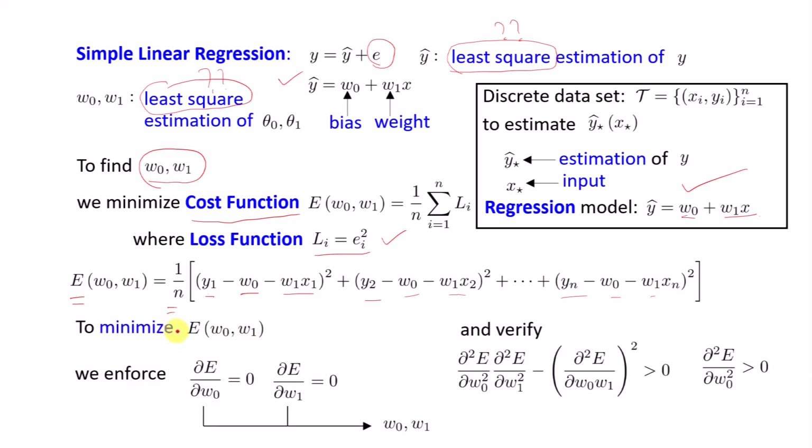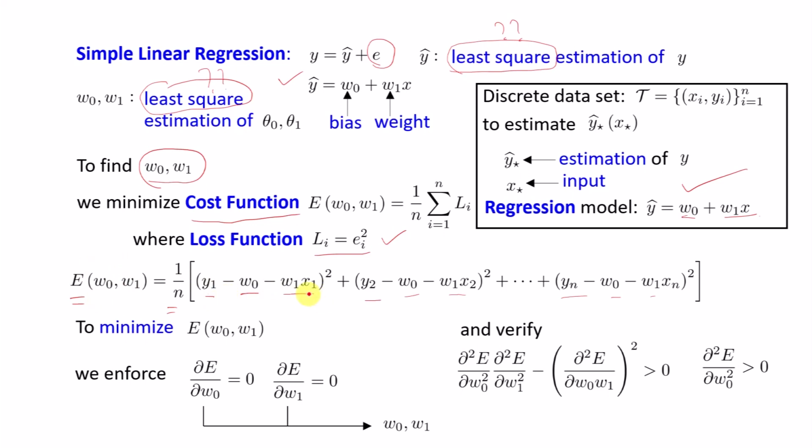Now we want to minimize this e, and you can see that e has two independent variables, w naught and w1. We have to remember that x is not an independent variable for the case of e here. E depends only on w naught and w1. Depending on the value of w naught and w1, we will get different values of e.